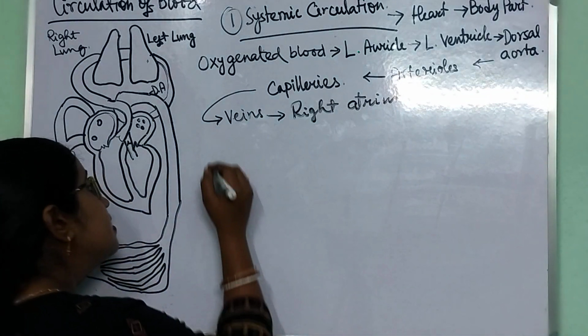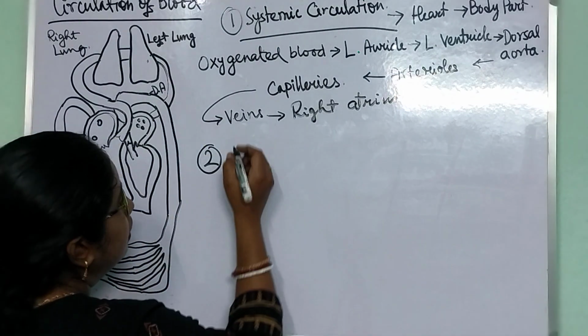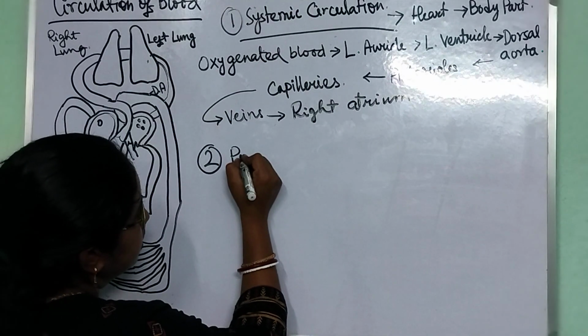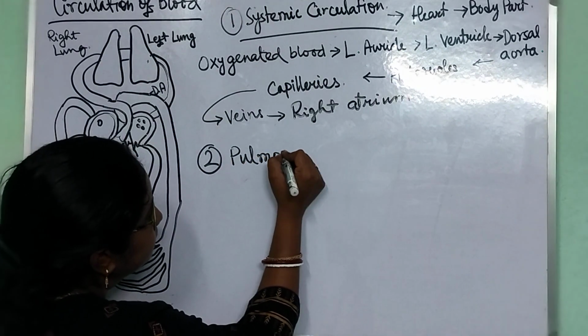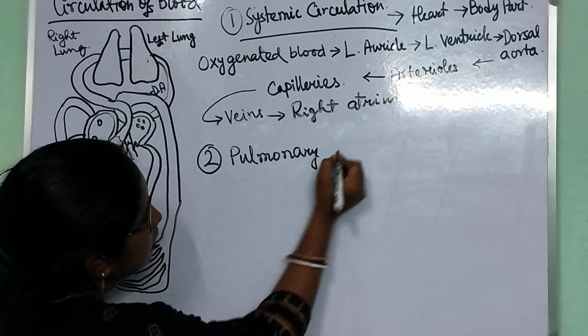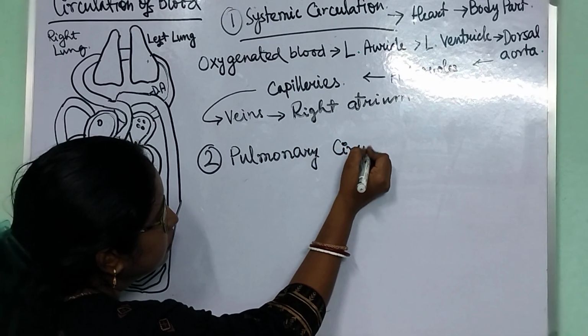Then let us discuss the second type of circulation. Second type of circulation is pulmonary circulation.